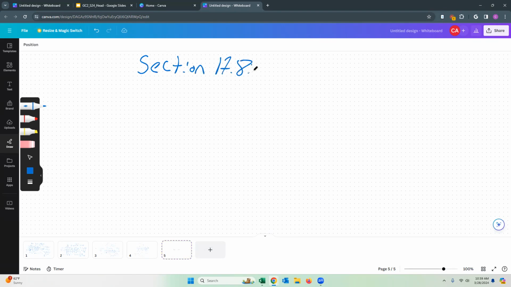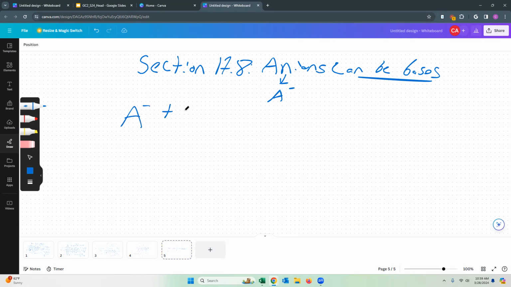And section 17.8 is ions, and ions can be bases. Basically, as the title says, some anions, remember this is a negatively charged molecule, can be a base. So A minus is just my generic anion. So let's take a look at how this would happen. If I have an anion in water, that anion can be a base.